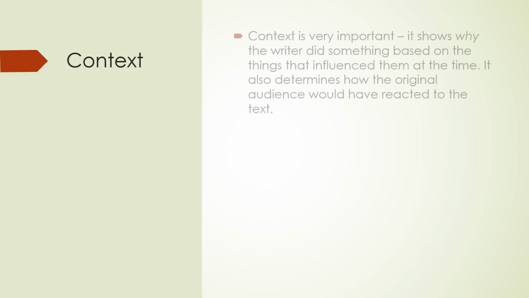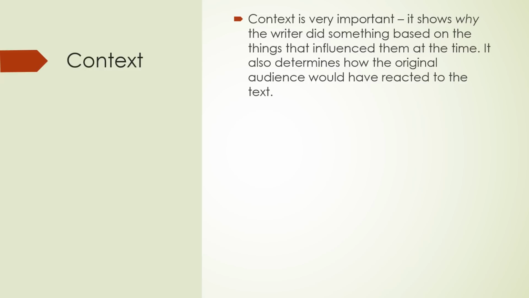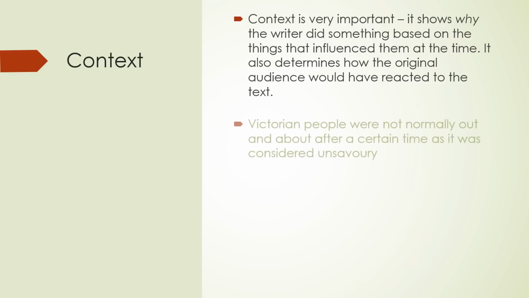So, here is some context to use. Context is any and all relevant background information that will help you understand why the writer has done something. So, it shows why the writer did something based on the things that influenced them at the time that they were writing. It also determines how the original audience would have reacted to the text.